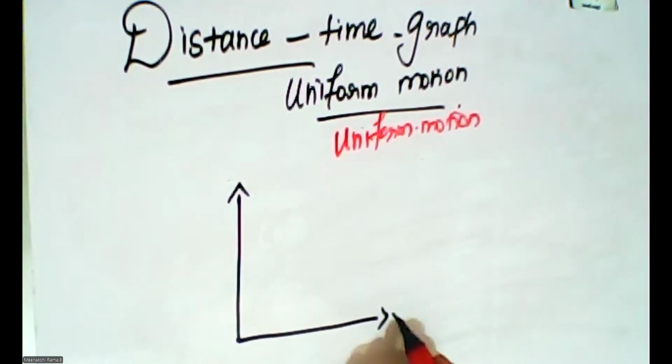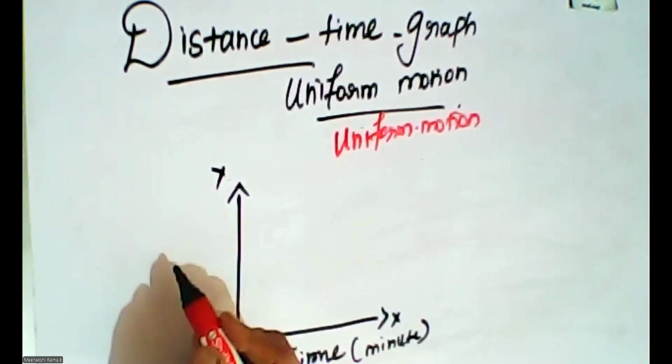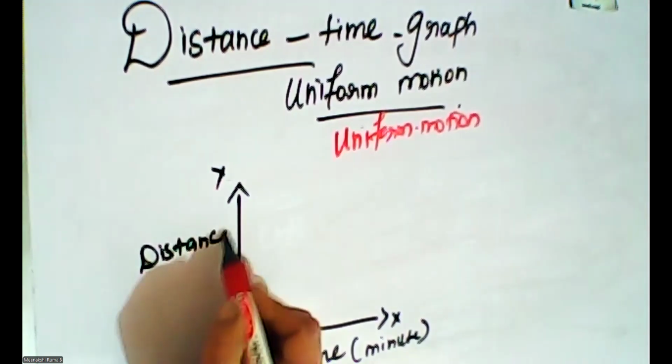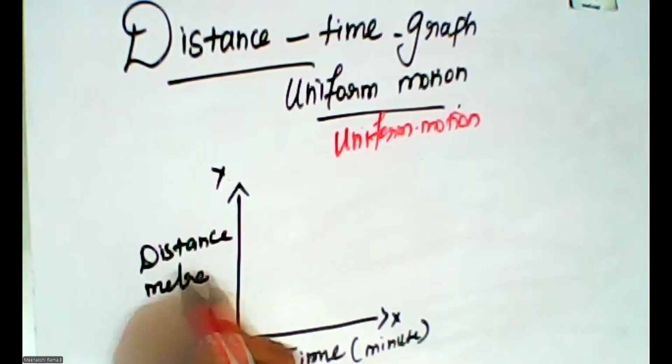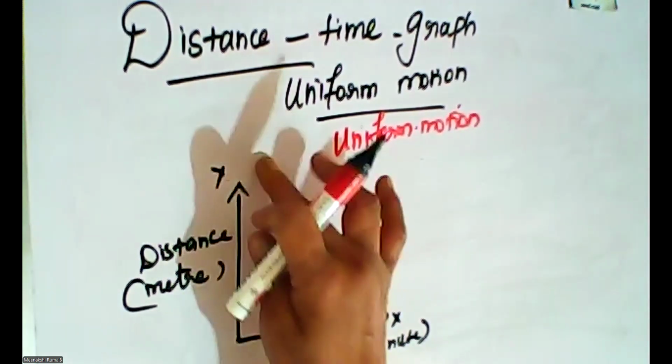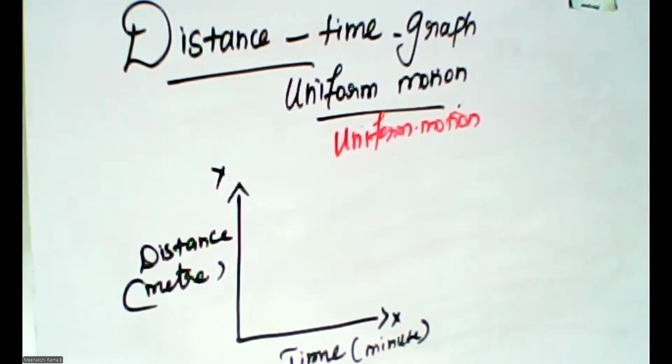Okay, so this is the x-axis, this is the y-axis. The x-axis is time, that is minutes. The y-axis is distance, that is meters. So we write the time data on the x-axis. We write the distance data on the y-axis.